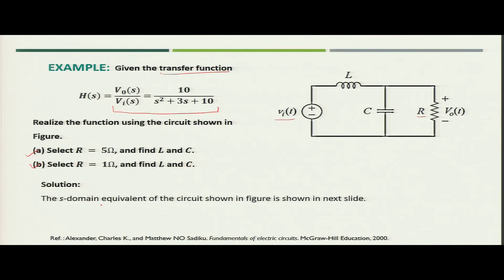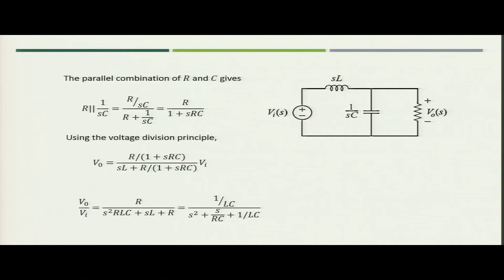Now, first we have to find the S domain equivalent of the circuit. When you create the S domain equivalent, it will look as shown in the figure. So, this is V I S, the input voltage, V naught S is across the resistance R, and then the inductor will become SL and the capacitance will be 1 by SC.